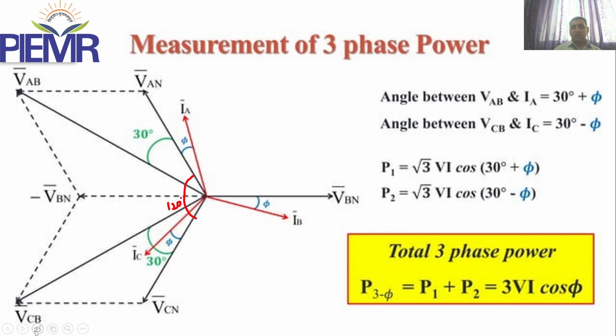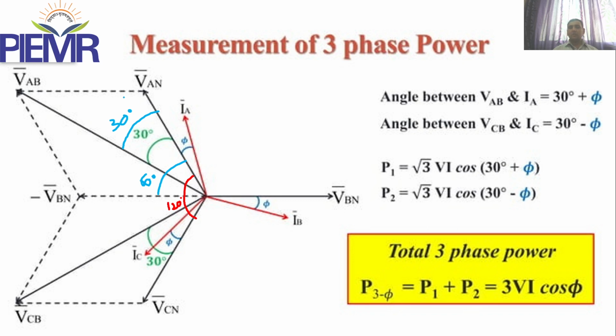VAB is in phase opposition to VBN, so cutting the angle in two halves gives 60 degrees. And the line voltage VAB with respect to VAN is again half, 30 degrees. Now 120 degrees first between VAN and VCN. Now VBN, what?